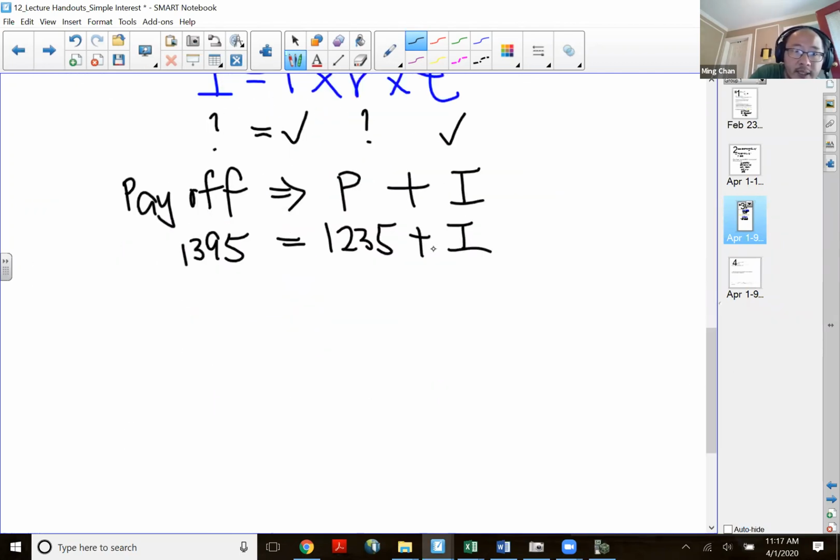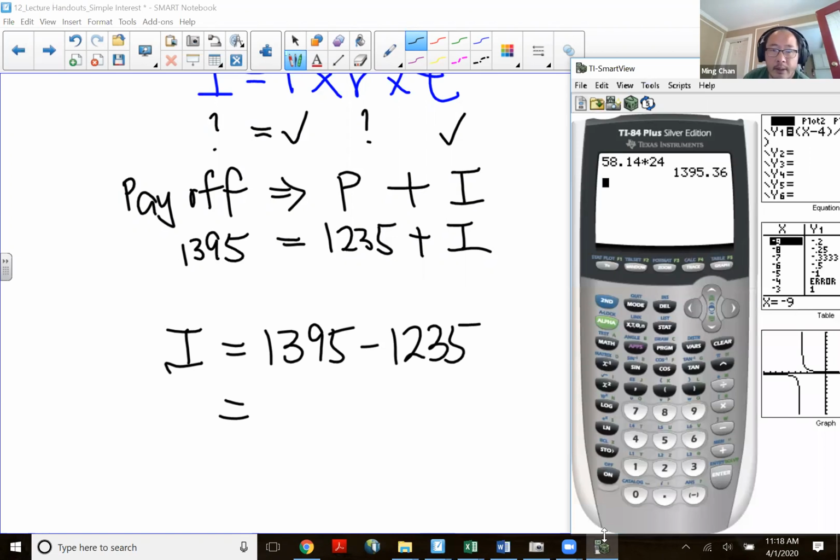So all I have to do to find interest is to take my payoff, the total amount I paid, minus what I borrowed. That's how we use the payment here to help us. So $1,395.36 minus $1,235, my answer, $160.36.